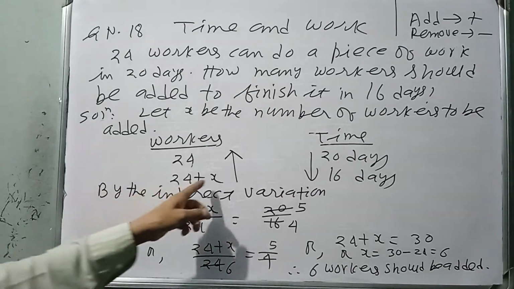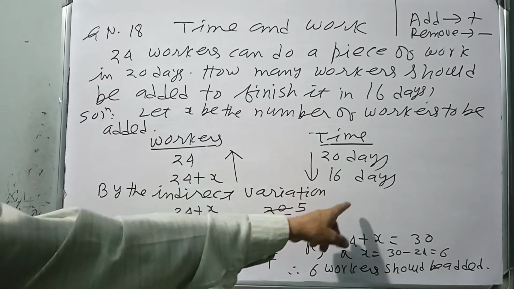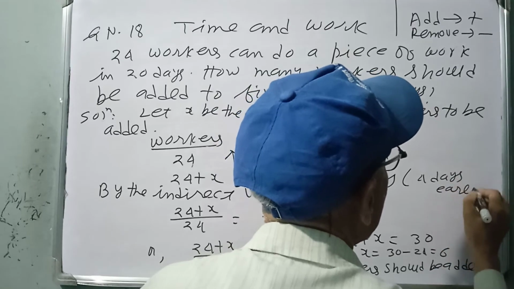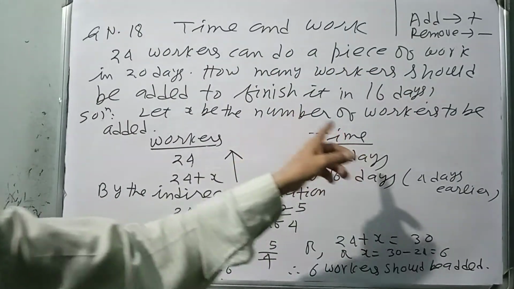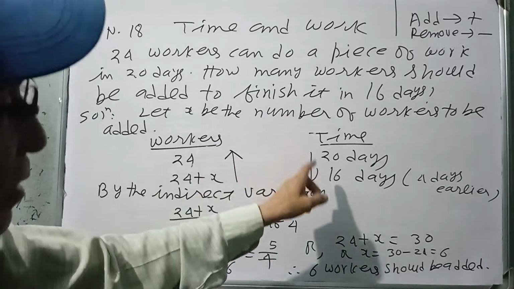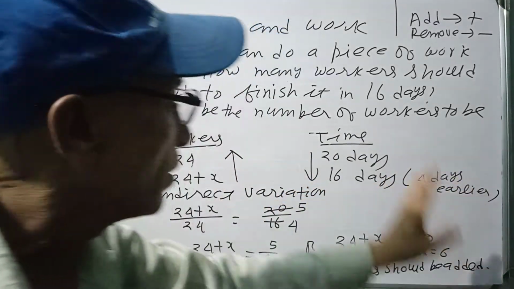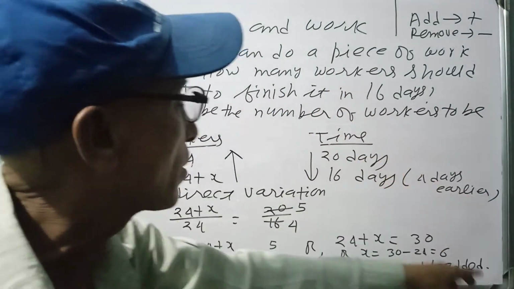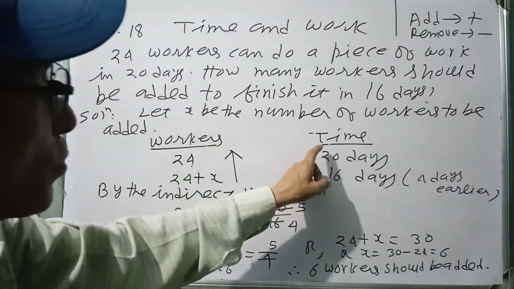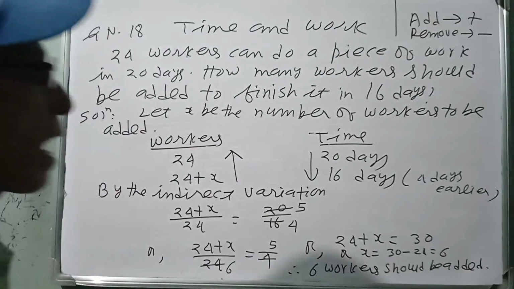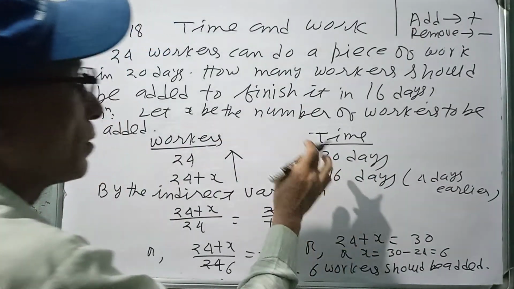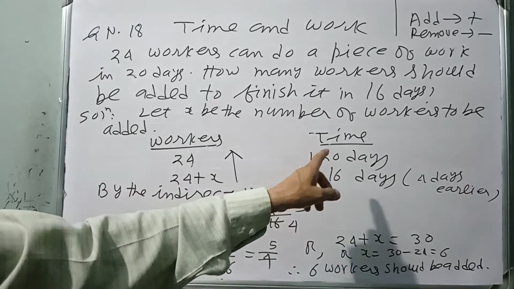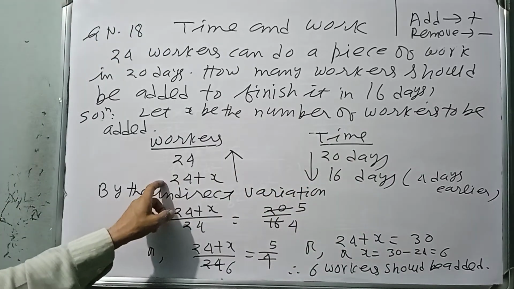If 6 workers are added, it becomes 30, and the work finishes in 16 days, 4 days earlier. Sometimes the question can be asked as "the work can be finished 4 days earlier", not "in 4 days". That means earlier than the original time: 20 minus 4 is 16 days. To finish the work in less time, workers should be more.